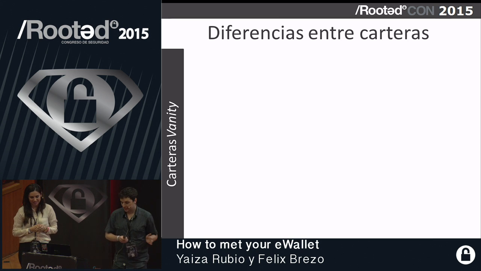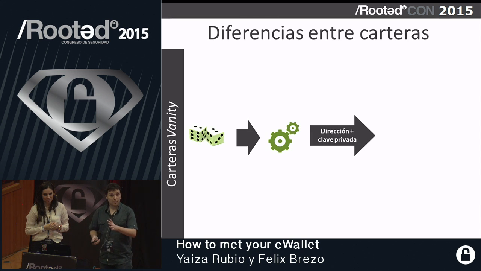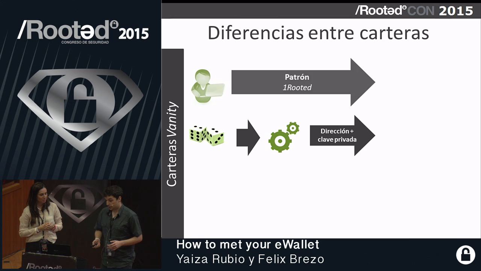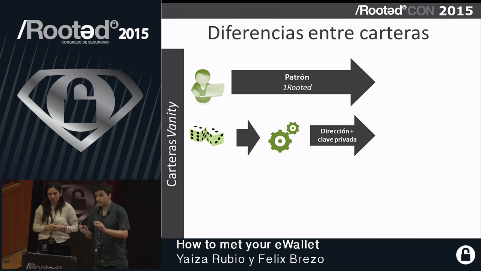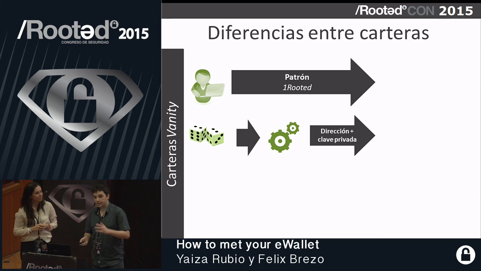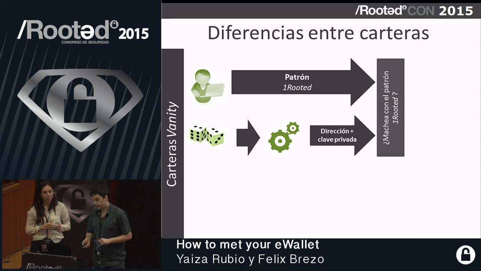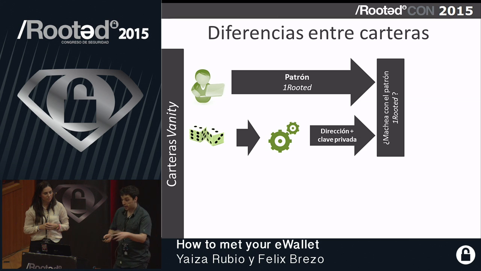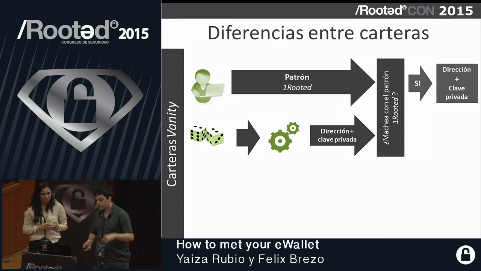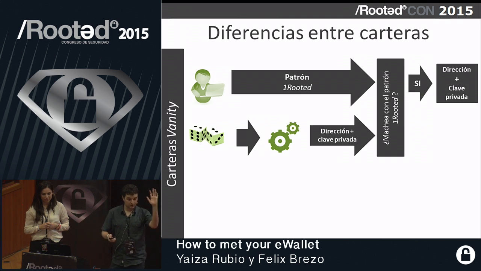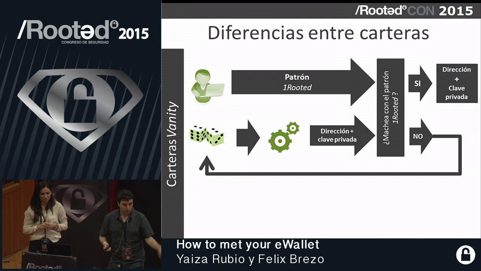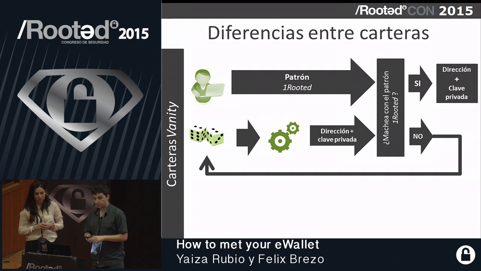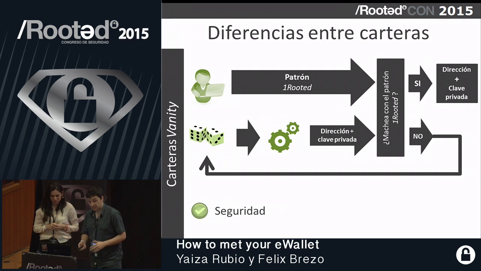Second type of wallet, the vanity wallet, generated in a very similar way as the random wallets. Here we're going to introduce an additional element, a template or pattern. We want this pattern to be in the address. We create two private addresses, and if we get a positive result, good. If not, we are persistently generating new pairs of addresses.